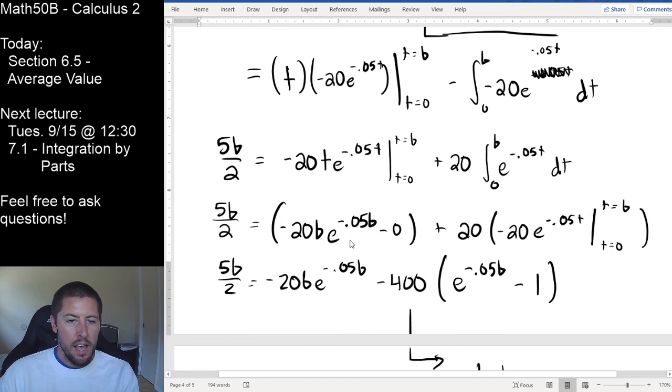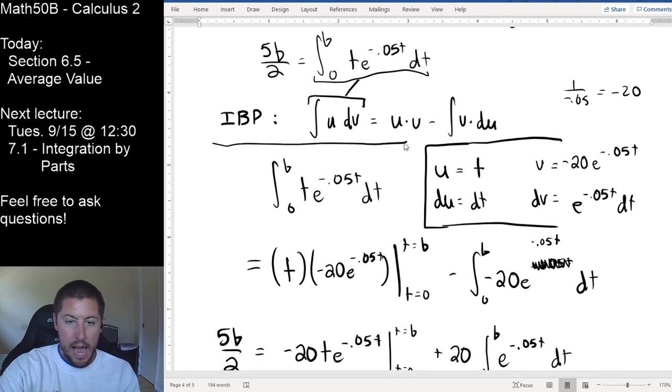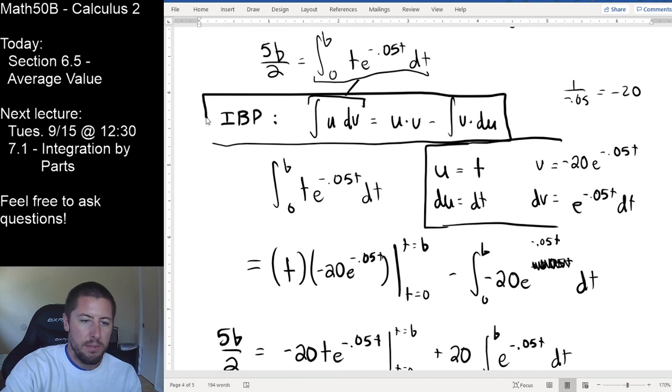All that we still need to pick up tomorrow is what the heck is up with this formula for integration by parts. Where does it come from? Why do we believe it? How do we know when to use it? And what are our appropriate choices of variable substitution? I think the hardest part of integration by parts is making our smart choices of u and dv to accrue the smart pieces of du and v in our rephrased expression over here.